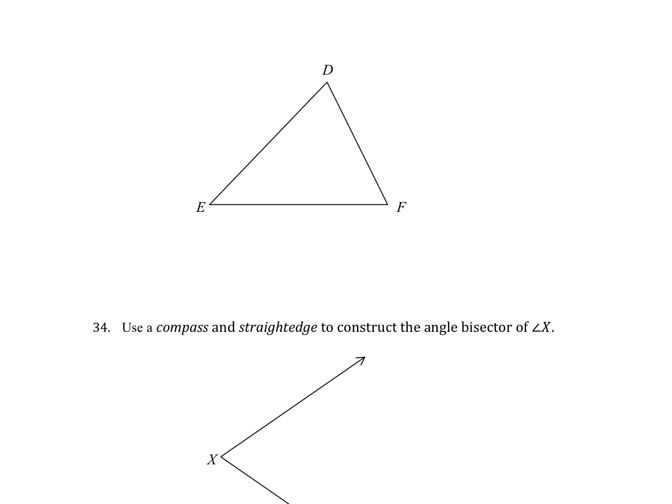This is my compass, this is my pencil, this is my pointy part. Cat eye just does a big arc here, and then keep that same setting, and a big arc here, right? So your answer is this line using a straight edge. I totally missed, but that's the idea. That's a perpendicular bisector.